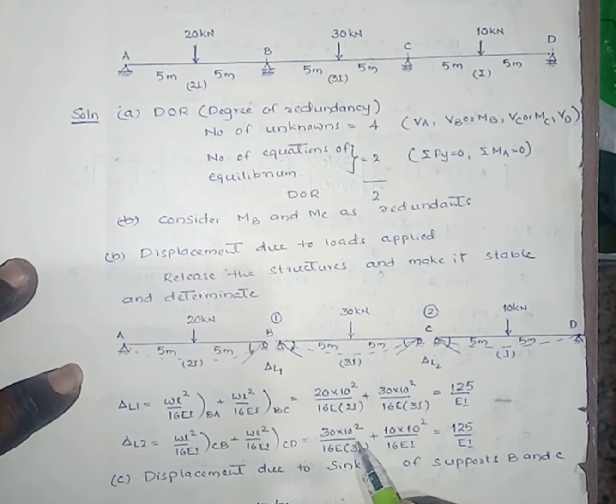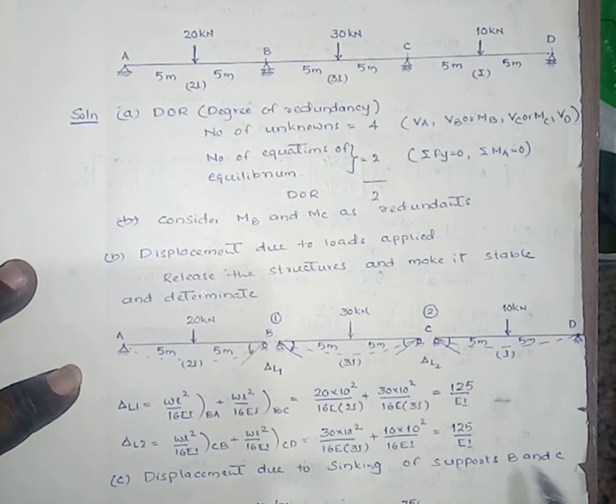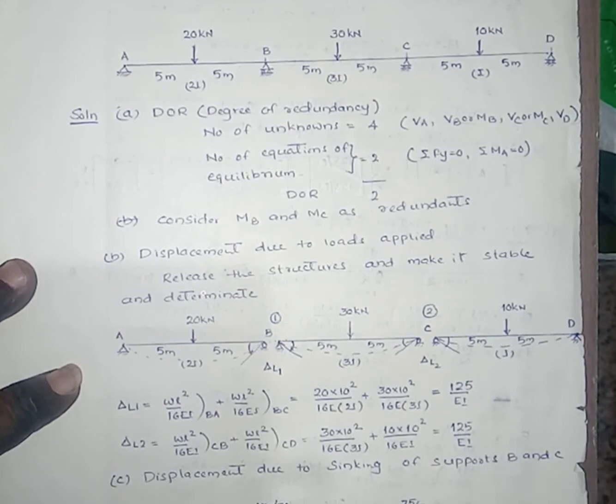For CB, load is 30, span is 10, W into L square divided by 16E, moment of inertia 3I. For span CD, load is 10, span is 10, square divided by 16E, moment of inertia I. After simplification, it is also 125 by EI.